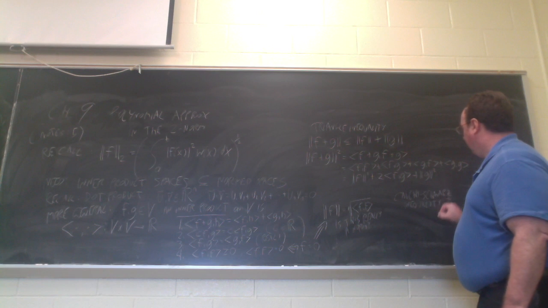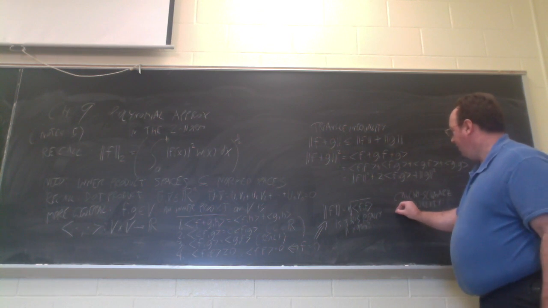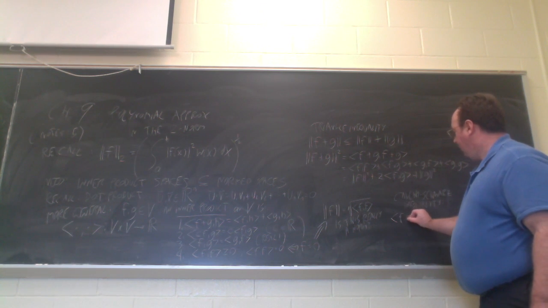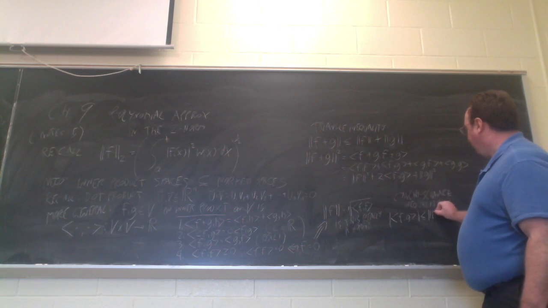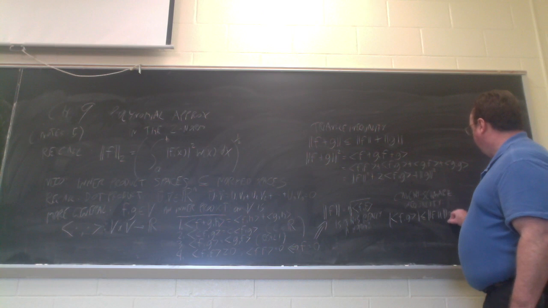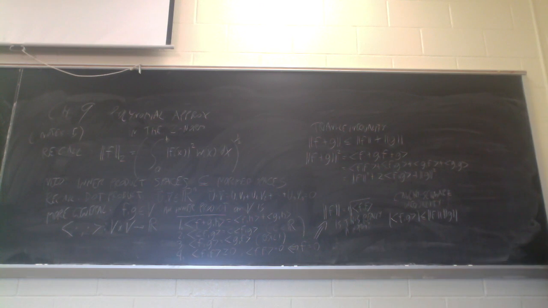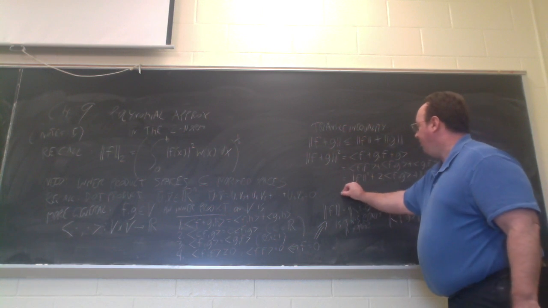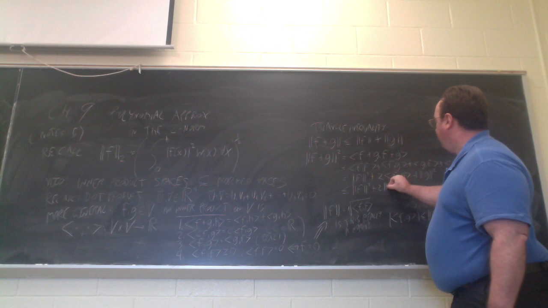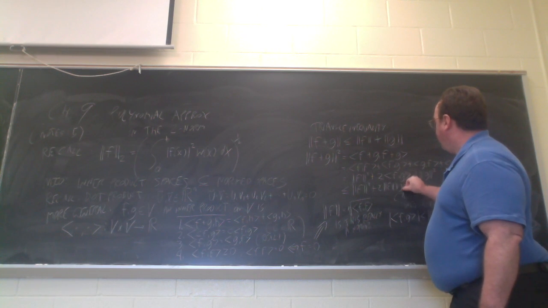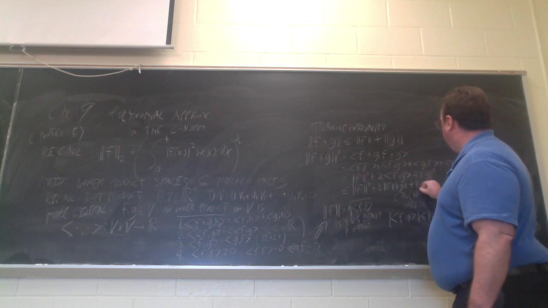So it's less than or equal to 2 times the norm of f times the norm of g? Yes. So the absolute value of this is less than or equal to the product of the norms. So what I can do is replace it and say less than or equal to norm of f squared plus 2 norm of f norm of g plus norm of g squared.